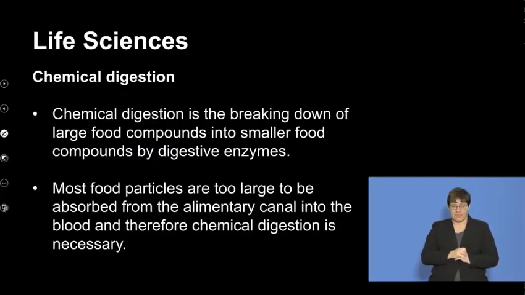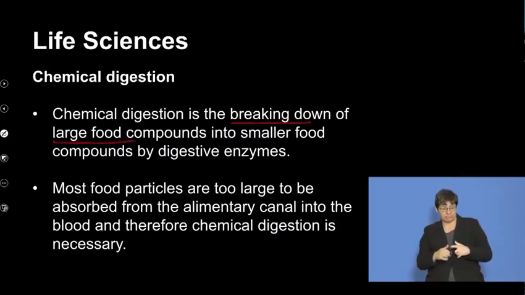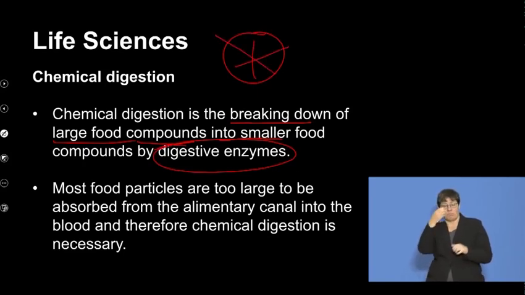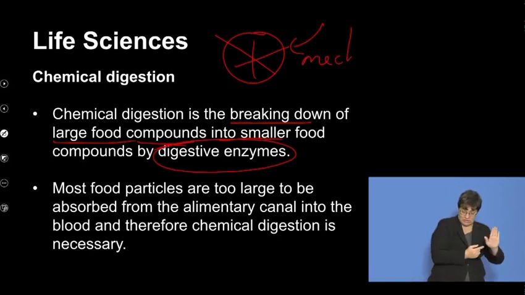Right, so as I mentioned, chemical digestion is the breakdown of large food compounds into smaller food molecules by digestive enzymes. We spoke about that firstly being broken down by mechanical digestion into smaller bits.